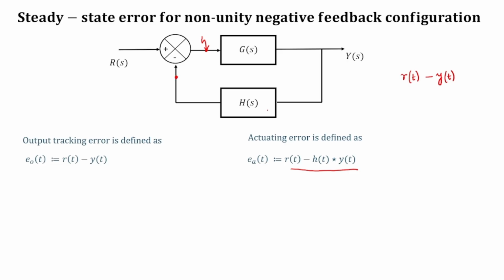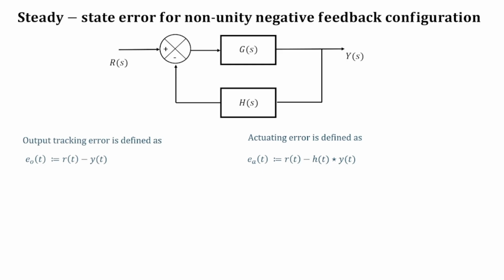Now, what is the signal at this point? The signal at this point is the input y(t) convolved with the impulse response of this system, which is h(t), and then r(t) minus that quantity will give you the actuating error. As soon as we have these two types of error, the question arises: does whatever we have discussed about type of systems make sense here?